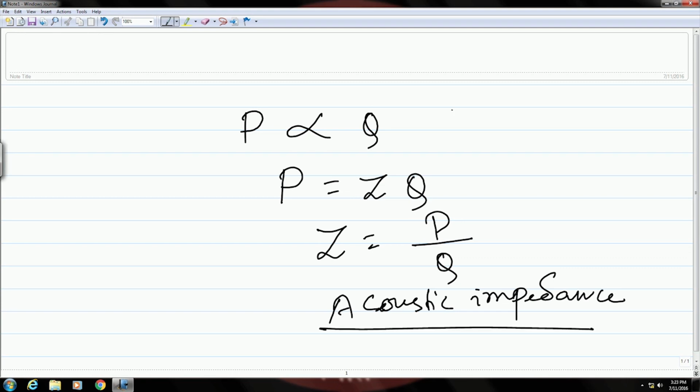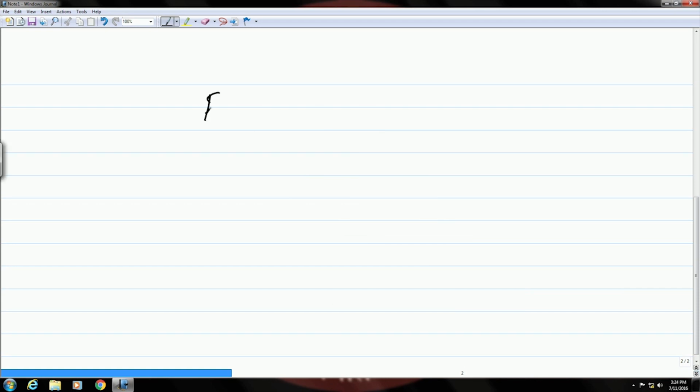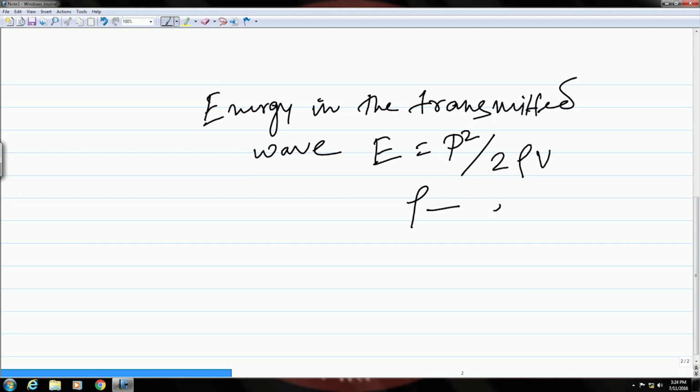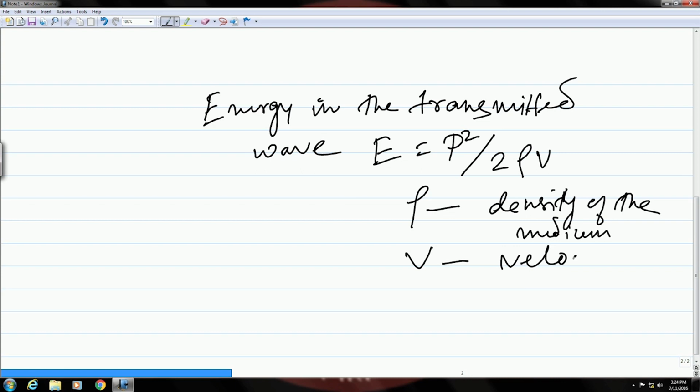And the energy of the transmitted beam, the energy in the transmitted waves E, is again dependent on the pressure P in this manner, wherein rho is the density of the medium and v is the velocity of sound waves through the medium.